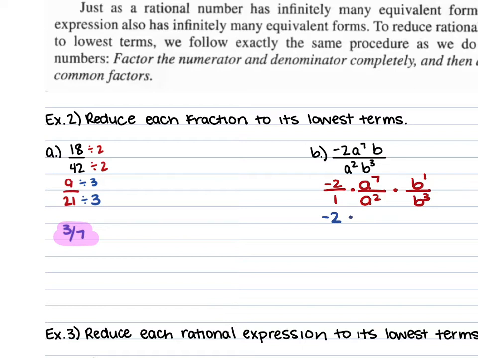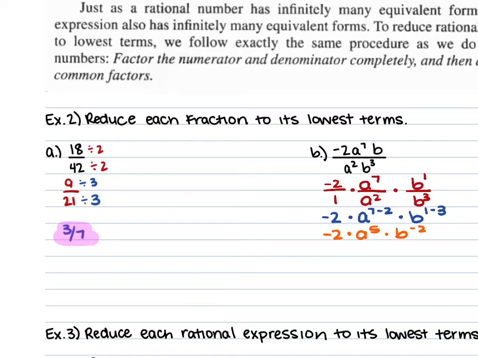That a to the 7th power divided by a squared, you are going to subtract those powers, so it's going to be a to the 7th power minus the 2nd power. And that b to the 1st power divided by b cubed is going to be b to the 1st minus the 3rd power. If we simplify our powers here, we're going to have negative 2 times a to the 5th power times b to the negative 2nd power.